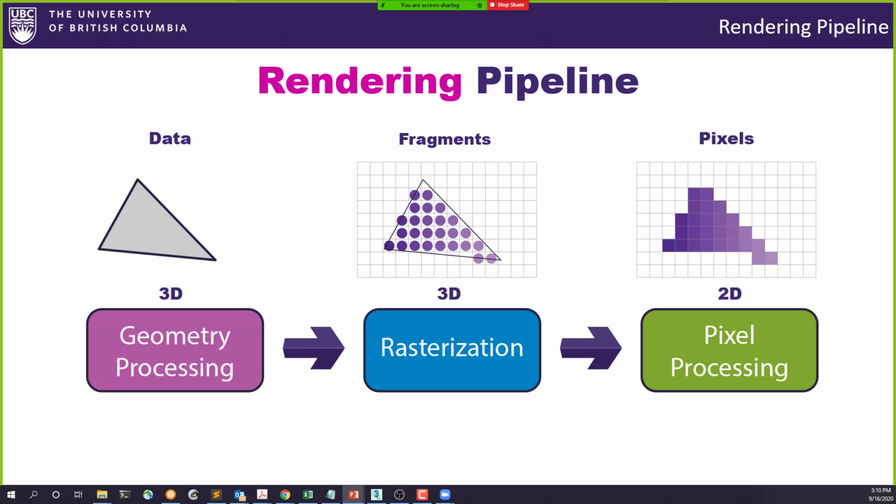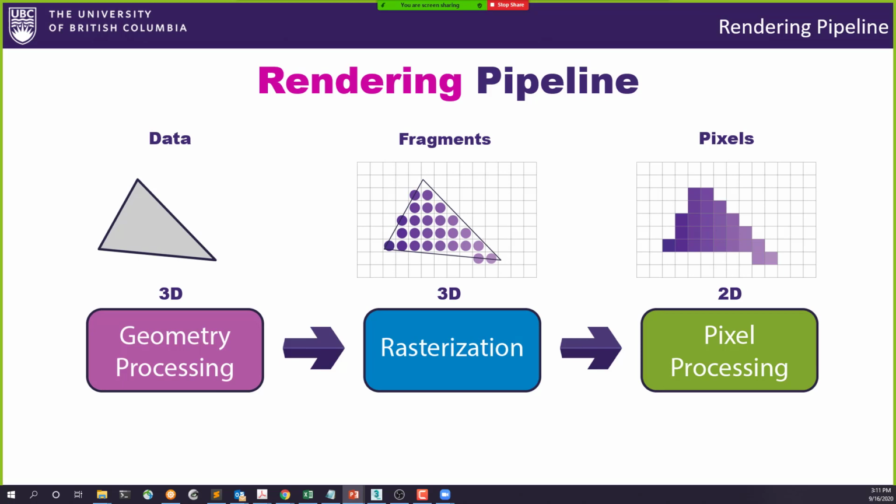So let's see the next slide. This is how it looks, kind of. The geometry processing section is processing the data, right? In this case, for example, it's processing this triangle, right? It sends information of that triangle to the rasterization section. When I say it sends, it's because in geometry processing, everything is in 3D, right?